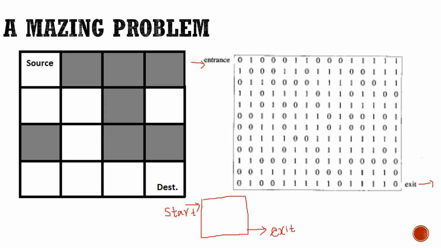For selecting that path, let me try it out over here. First, I can make the movement in the horizontal direction, or in the vertical direction, or in the diagonal directions. All the routes are possible.